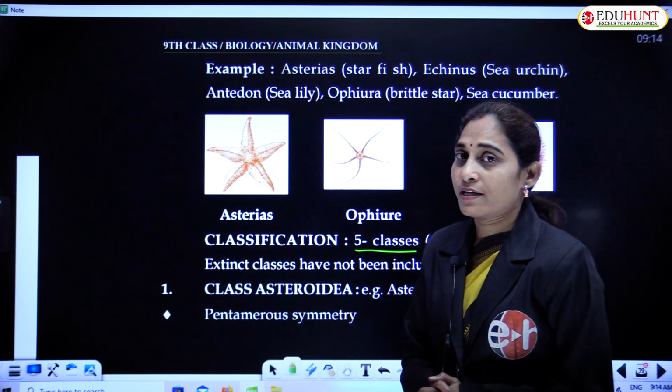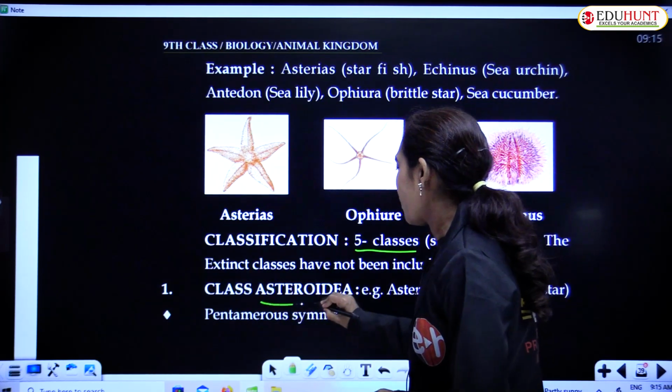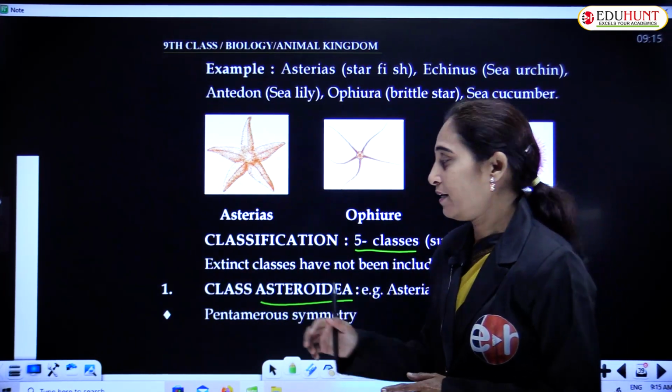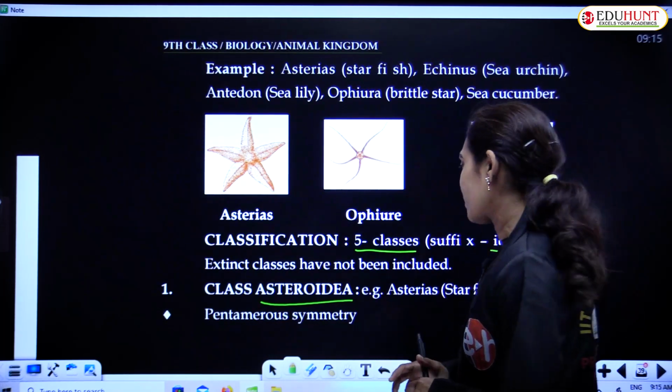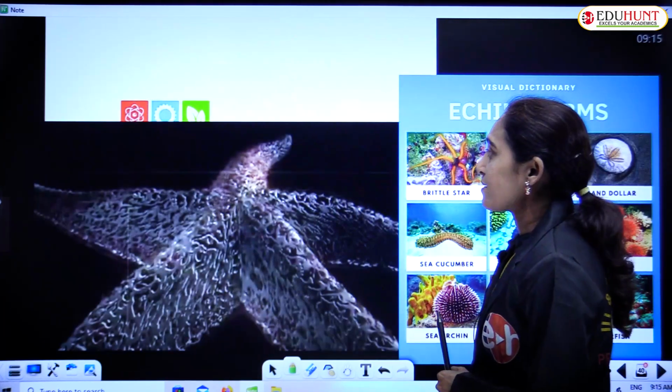And the first class is Asteroidea. As I said, oidea is the suffix given to the class.